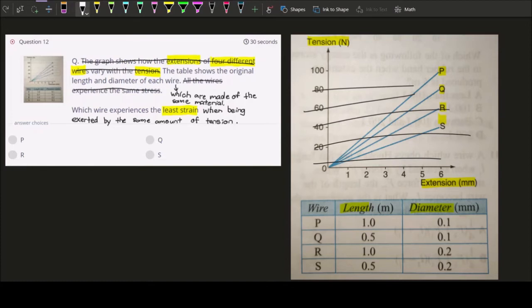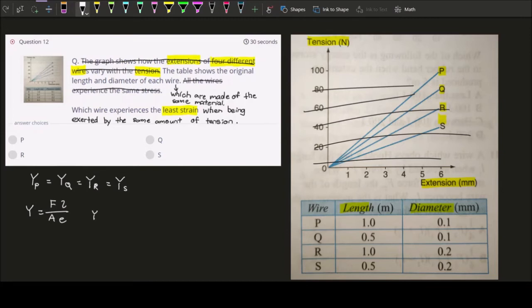For this question, because they are made of the same material, you assume YP equals YQ equals YR equals YS. All four of them have the same Young's modulus. Young's modulus is F over A, that's stress, divided by e over L. I usually don't remember FL over AE because that's not how the equation comes about.